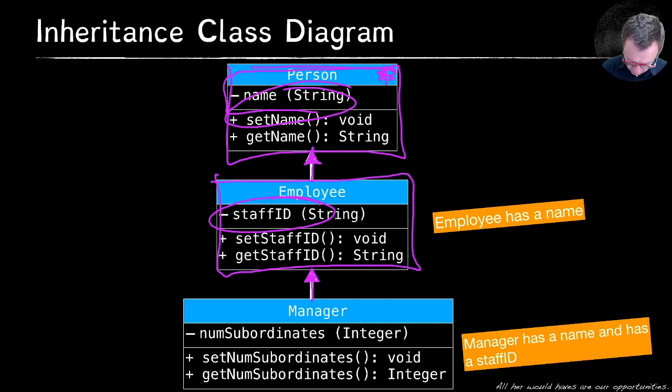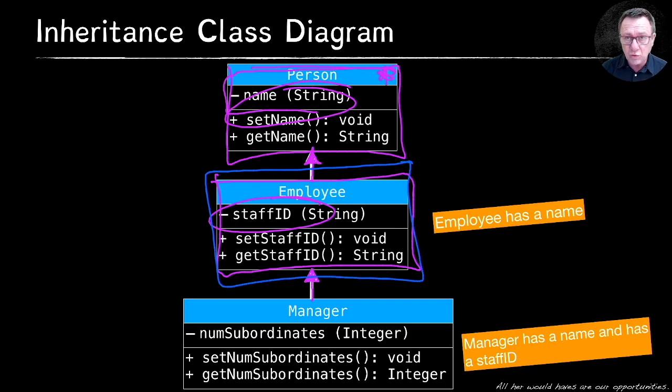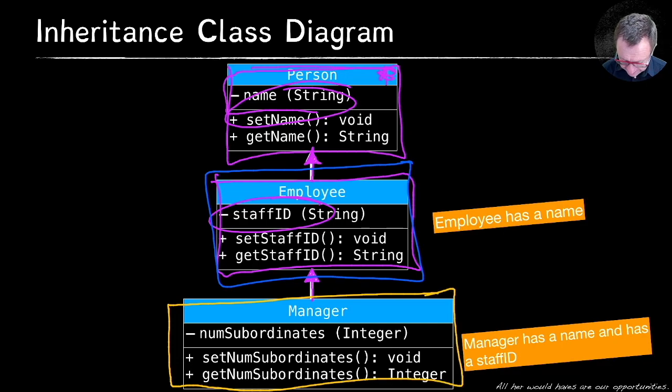And then everything that was in here is also available down in here. So manager has inherited from employee, who has inherited from person.